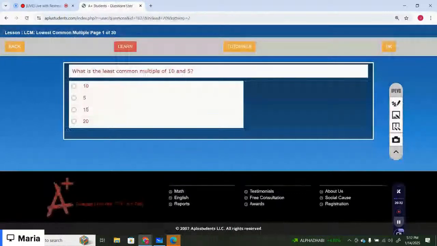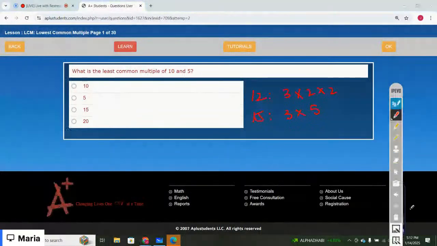What is the least common multiple of 10 and 5? Let's just write down the prime factors of 10 and 5. That is 2 times 5 and 1 times 5.